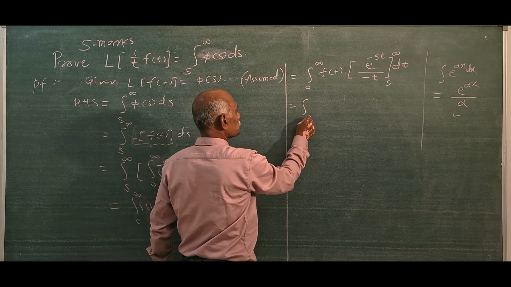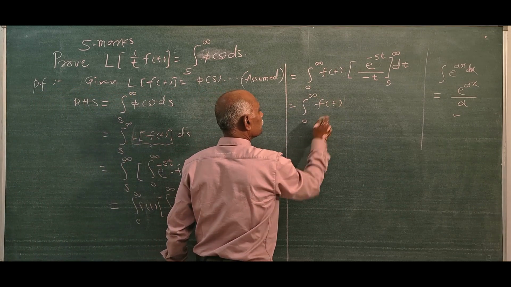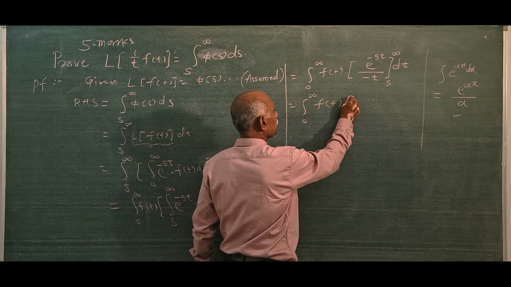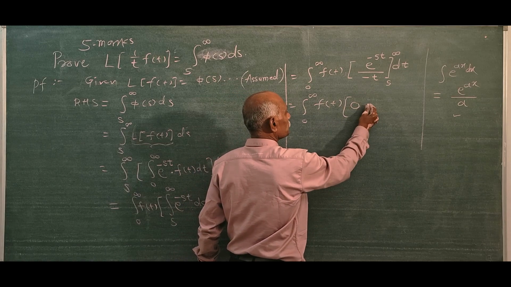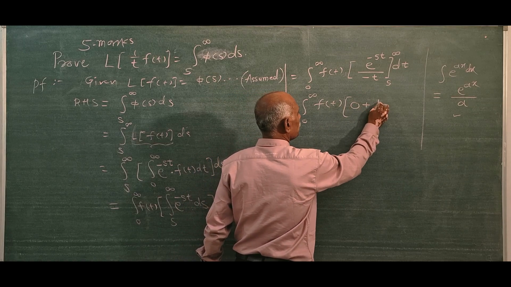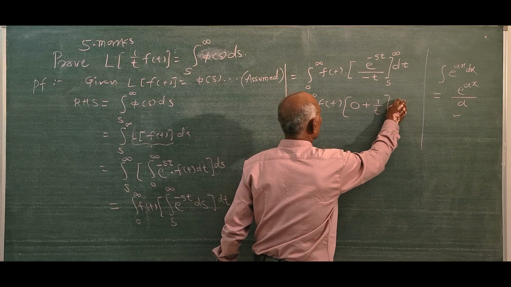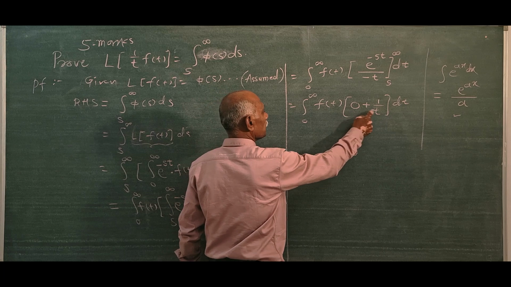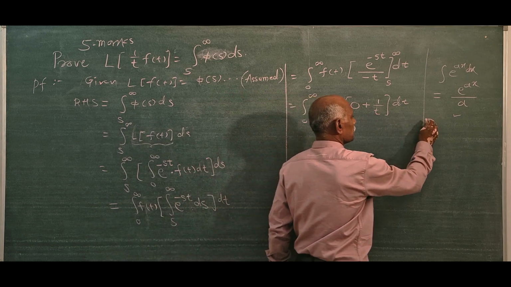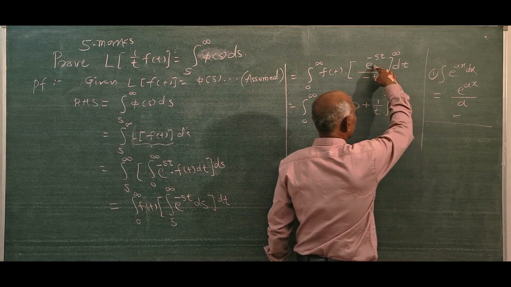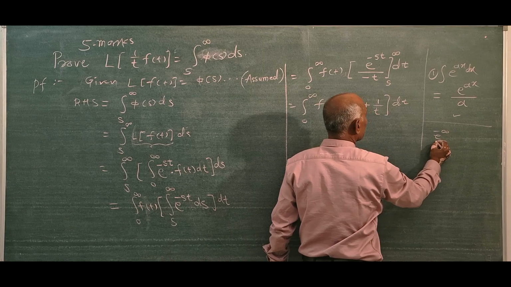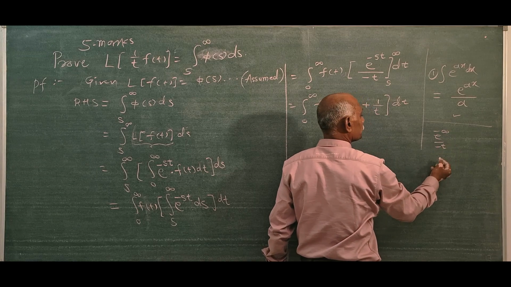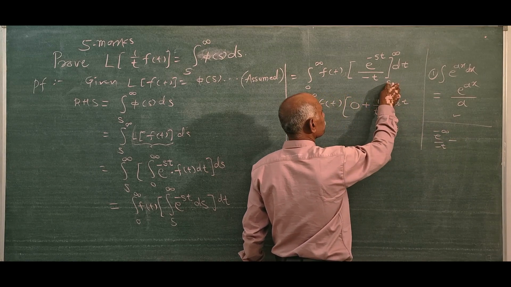So this is equal to 0 to infinity above t into bracket. Upper limit gives 0, lower limit gives 1 by t, and then f of t is there. Okay. Now question is why 0 and why 1 by t? So let us try to understand this. e to the power minus infinity upon minus t, and then lower limit this.